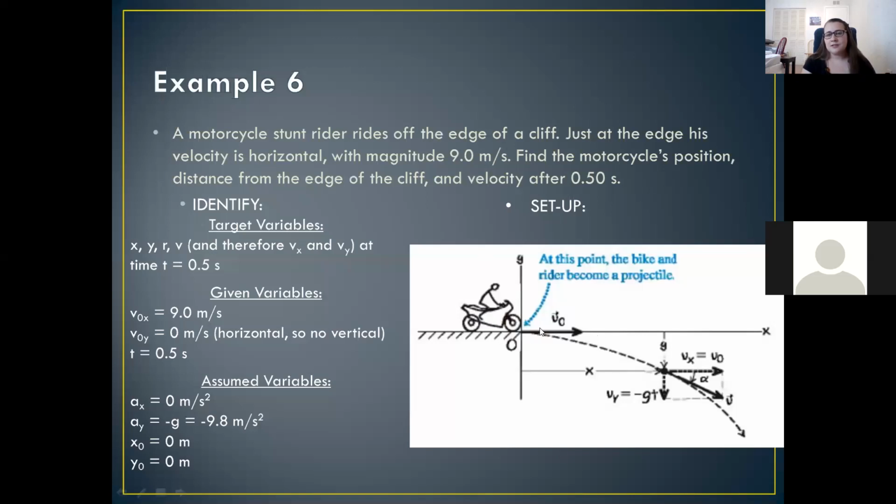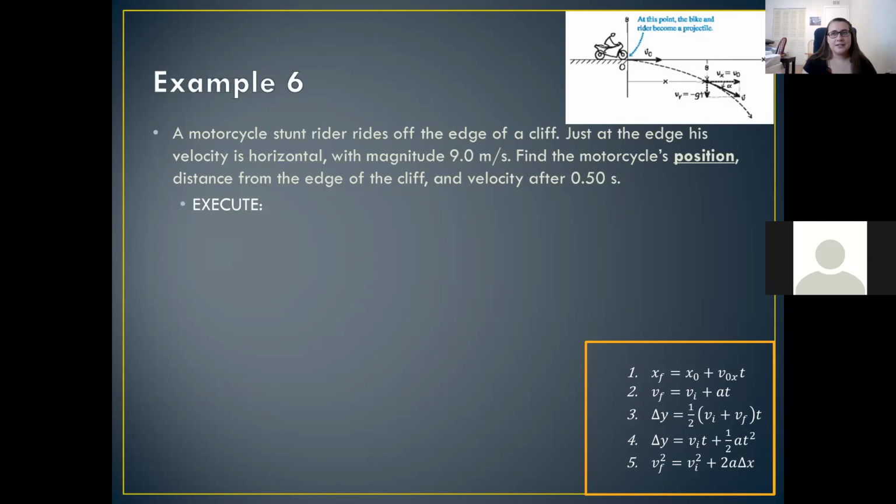He's going to follow this nice curved pathway trajectory down to the ground. And we're looking for the x position, the y position at that moment, along with the x and y velocity and the magnitude of the velocity and the direction. So lots of stuff that we're looking for in this example. But that's a picture of what's happening.